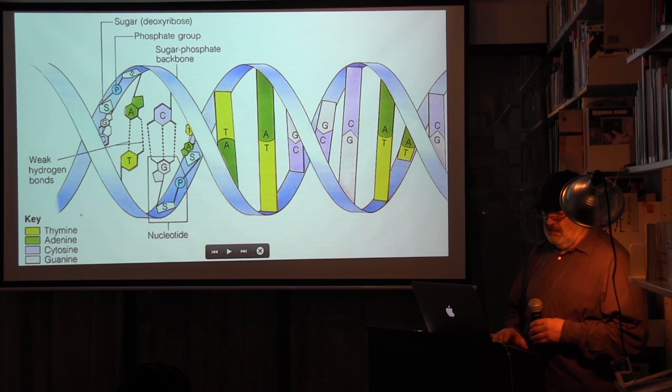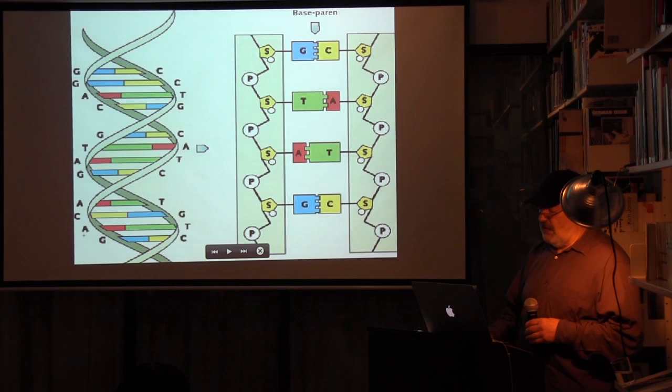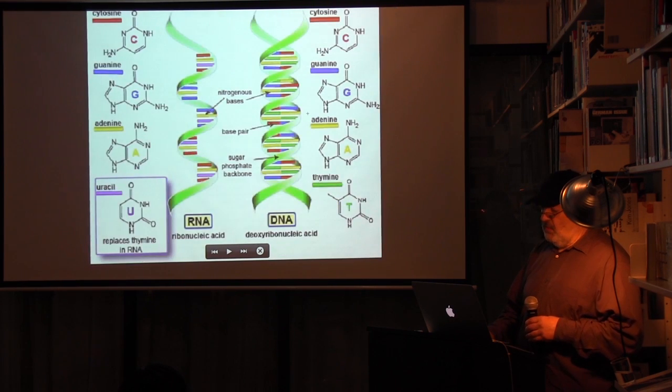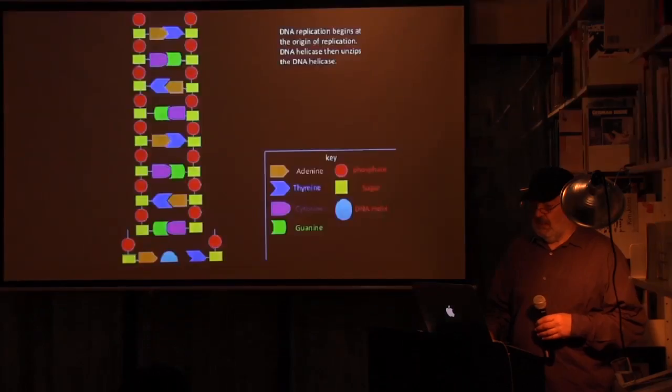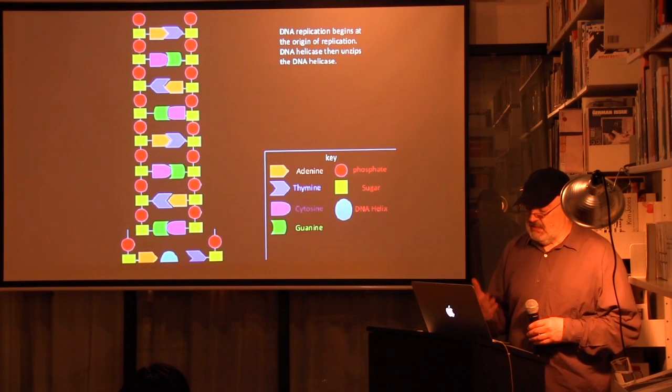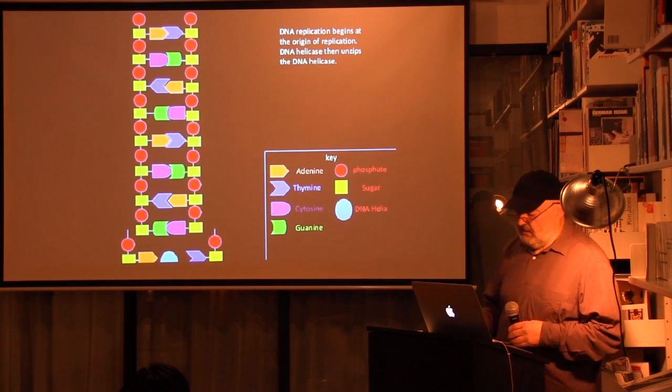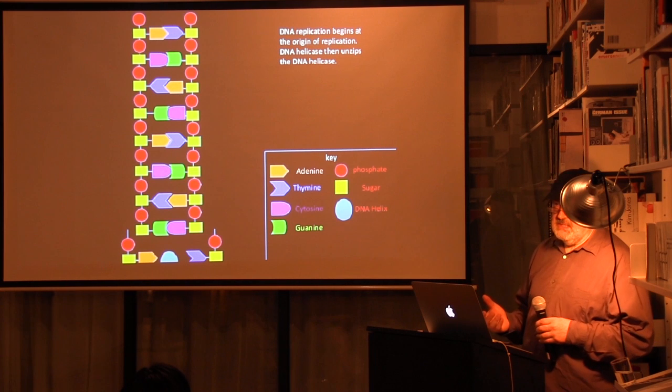We have a key here. And I will show you now many of these. These are just a small selection. And what you can get from this color coding is that it is in essence arbitrary.